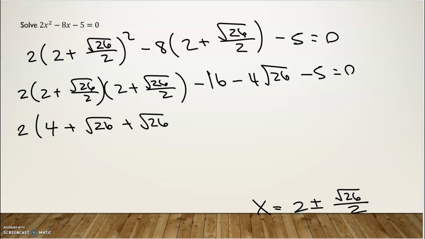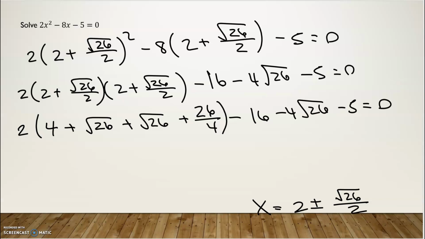Well, that's going to be plus 26 over 4 minus 16. Oh, by the way, I need parentheses right there. Minus 4 square root of 26 minus 5 equals 0.